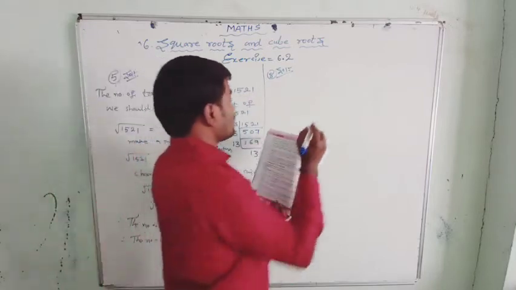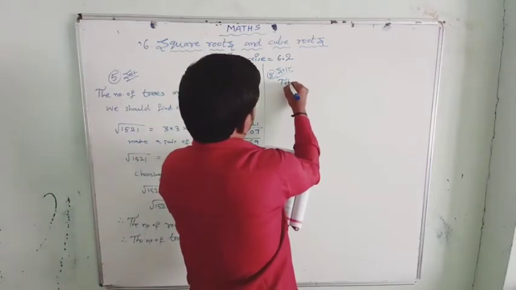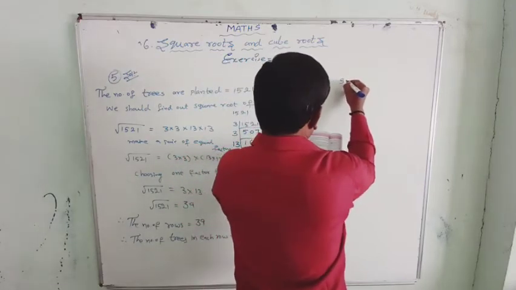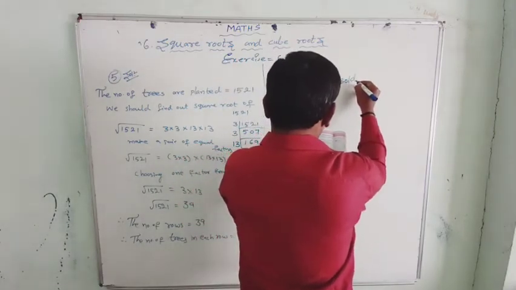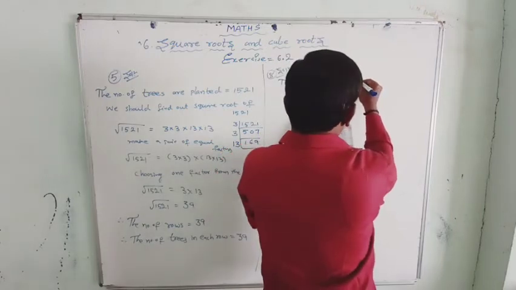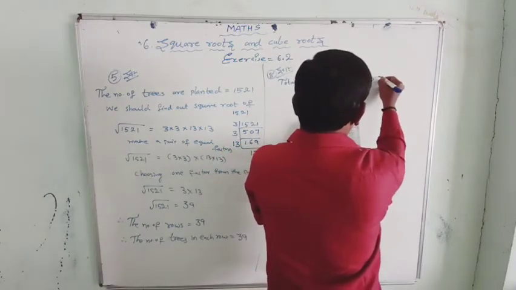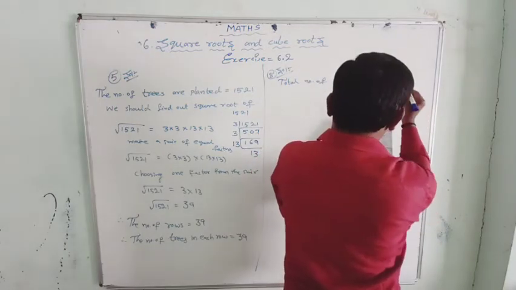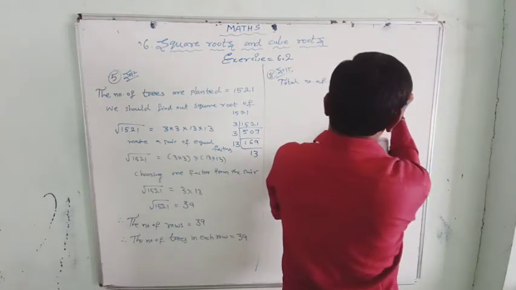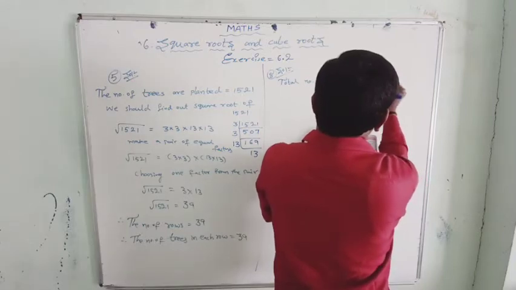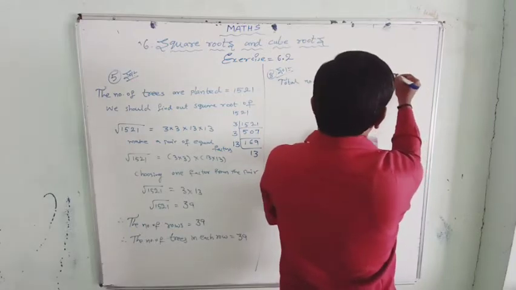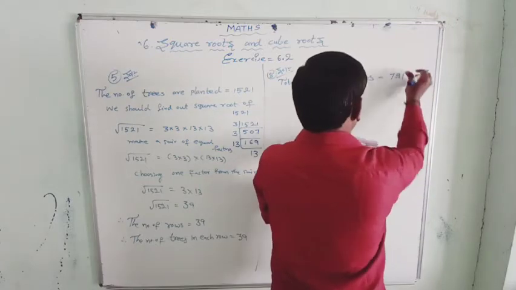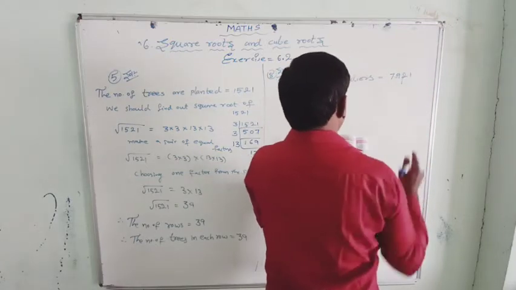So the total number of soldiers is equal to 7,921.